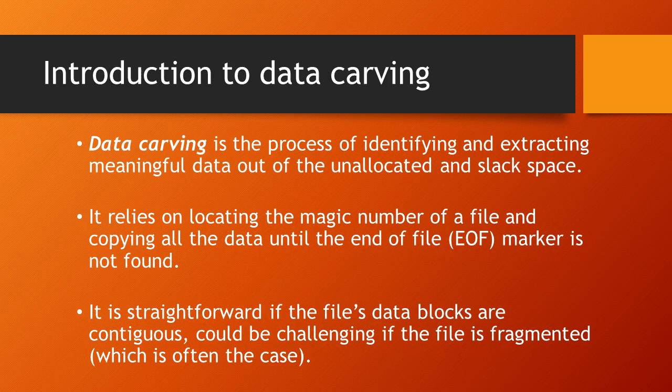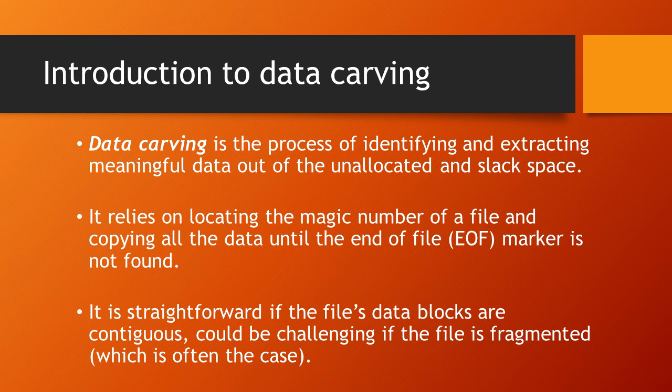Data carving is the process of identifying and extracting meaningful data out of the unallocated and slack space. It is usually performed to recover deleted files that no longer have an entry in the file table that could tell which data blocks were allocated to them.